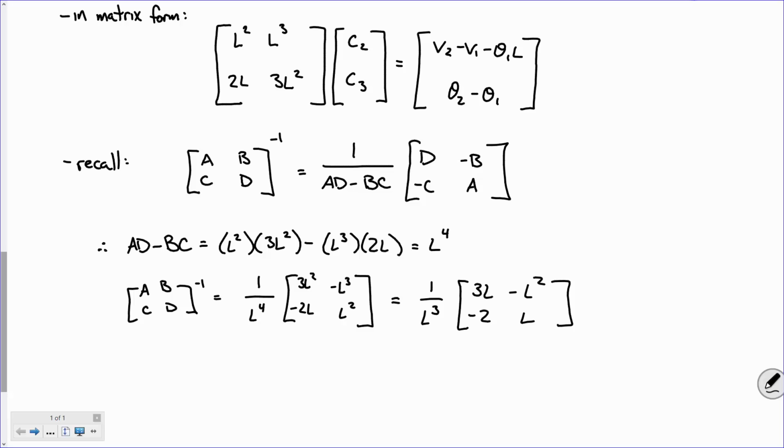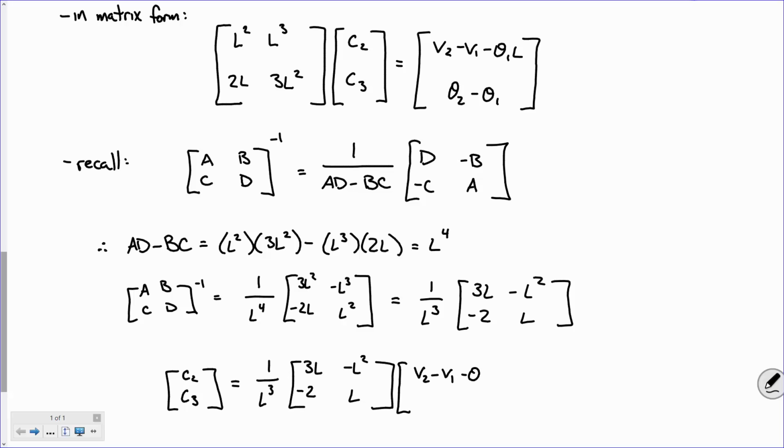So if I want to solve for C2 and C3, I take the 1 over L cubed, 3L, minus L squared, minus 2, L, and I multiply it by that, right?